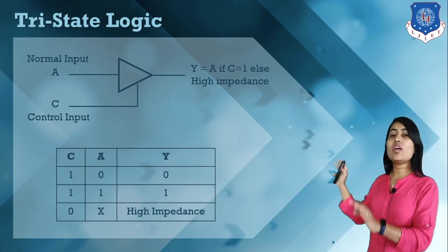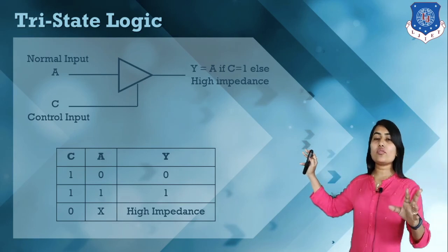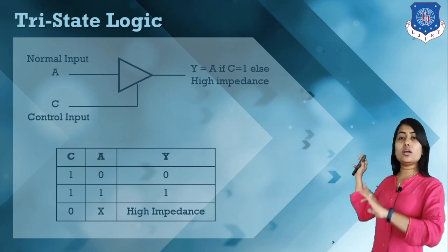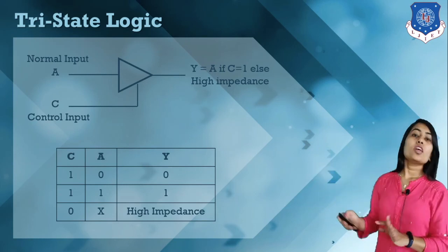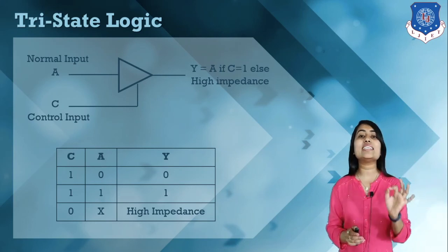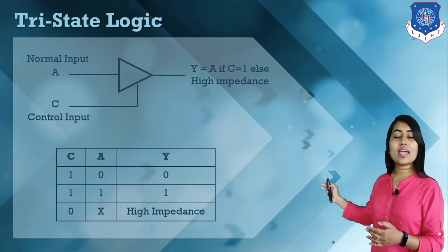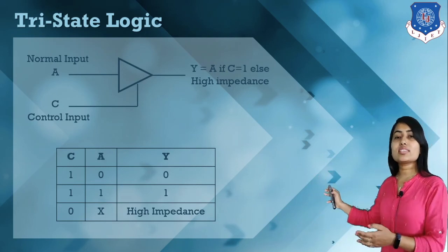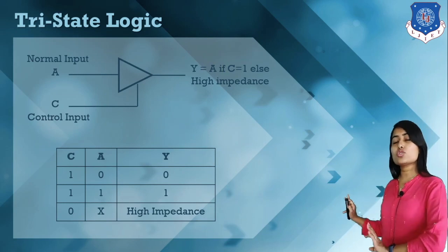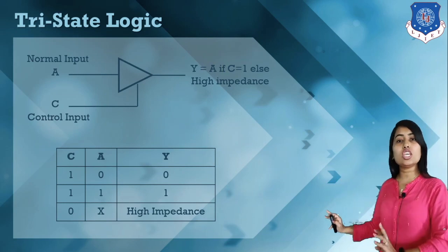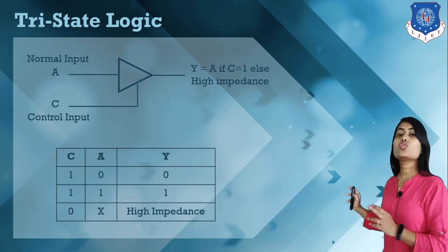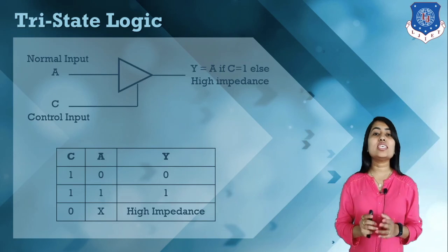So whatever the value of A, either 0 or 1, no value can travel to the output side. So when C is equal to 1, if A is equal to 0, the output is 0. If A is equal to 1, the output is 1. But when C is equal to 0, whatever the value of A, the output is in high impedance. So this is three-state logic.